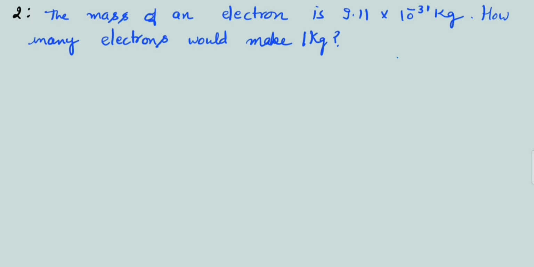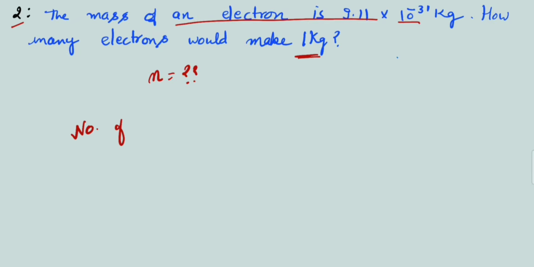So second question I have taken: the mass of an electron is 9.11 into 10 raised to power minus 31 kg. How many electrons would make 1 kg? So we have to find here the number of electrons in 1 kg.